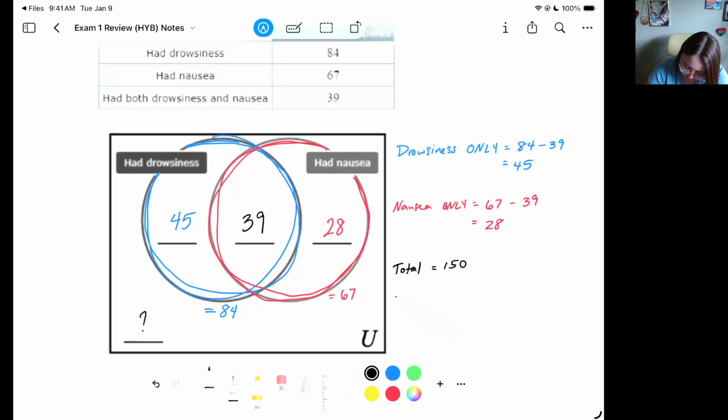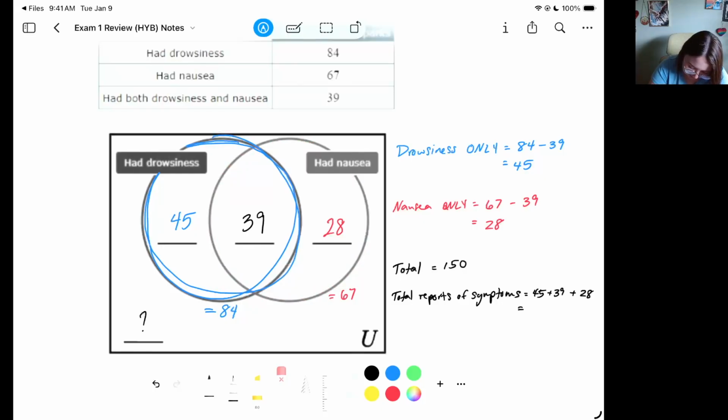So total reports of symptoms, we're going to add these 3 values. So that's going to be 45 plus 39 plus 28.